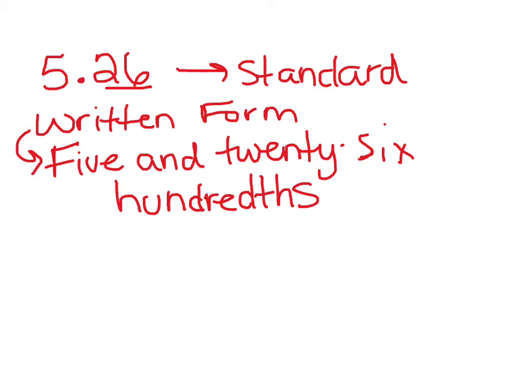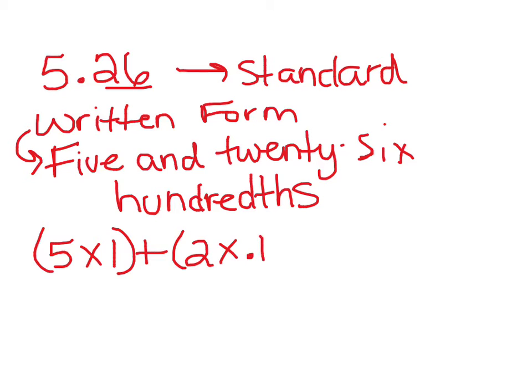So written form, 5 and 26 hundredths. Now, if I want to put it in expanded notation, the 5 is in the ones place, so it's 5 times 1 plus 2 times 1/10 plus 6 times 1/100th.